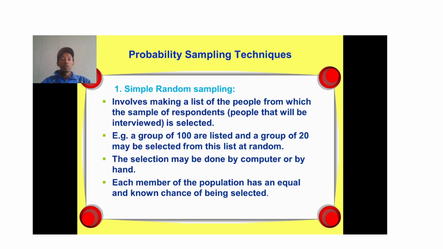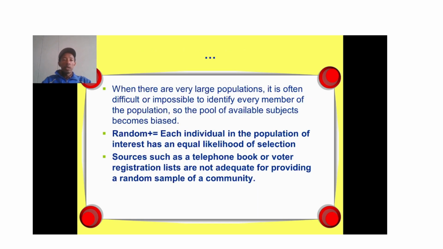An example is a group of 100 individuals listed, and a group of 20 selected from this list at random. The selection may be done by computer, random number generators or a random number table, or by hand using the lottery method. Each member of the population has an equally known chance of being selected.